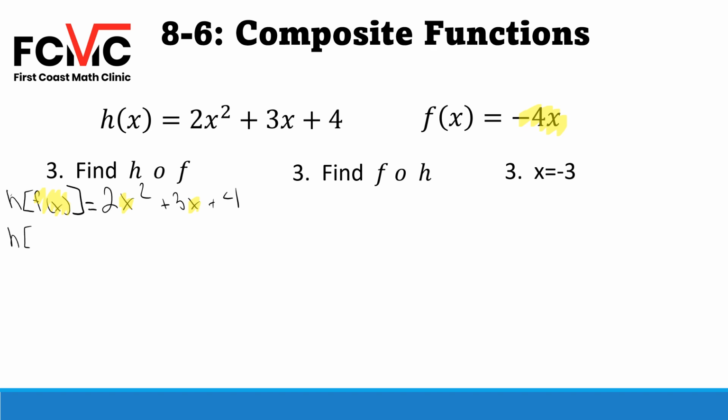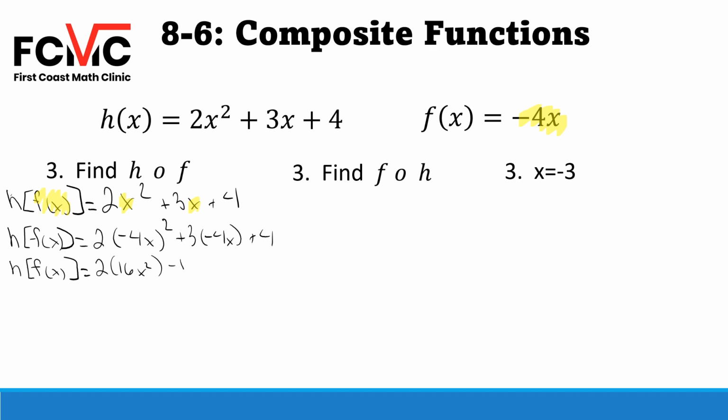So h of f of x, 2 times negative 4x squared plus 3 times negative 4x plus 4. Negative 4x squared gives us 16x squared minus 12x plus 4.